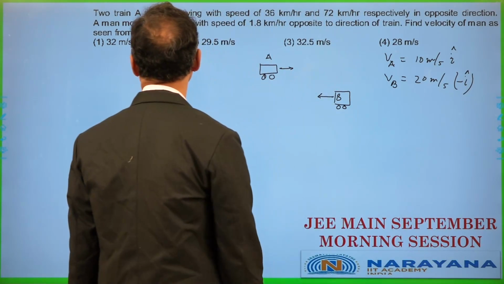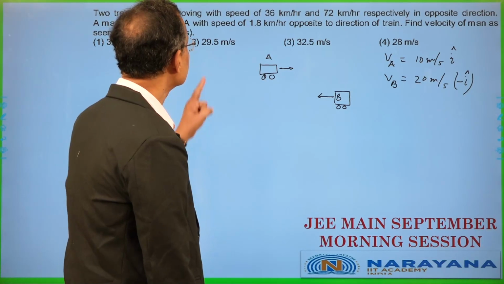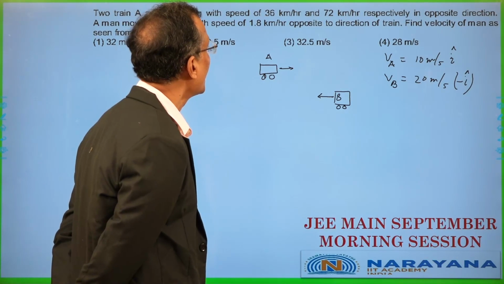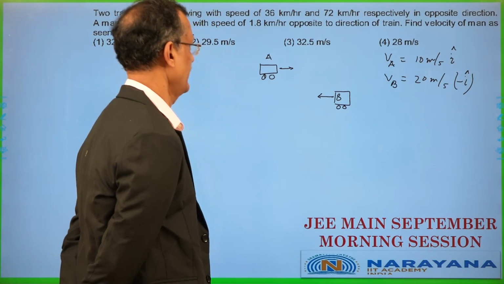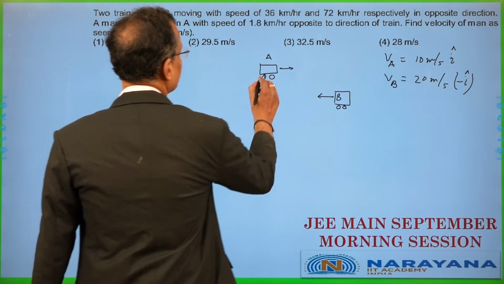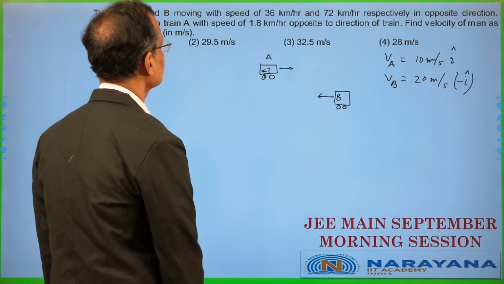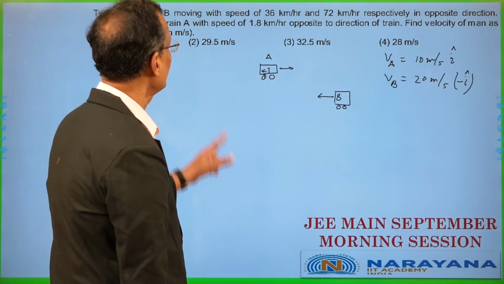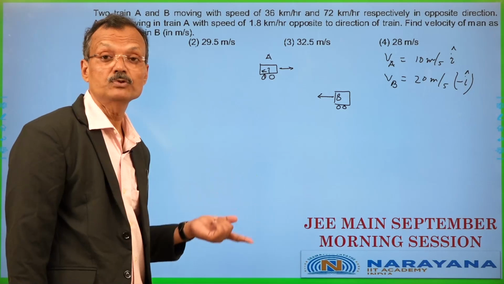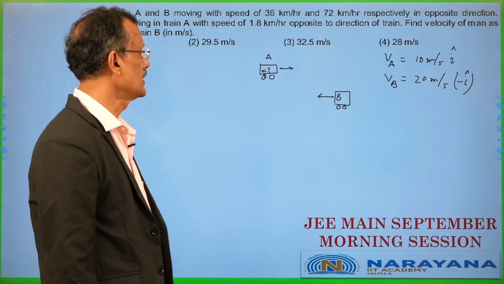Clear to you? A man moving in train A with the speed 1.8 kilometer per hour opposite to the direction of the train. Means in train A there is a man which is moving in the opposite direction. You have to think whether it is with respect to the train or with respect to the ground.